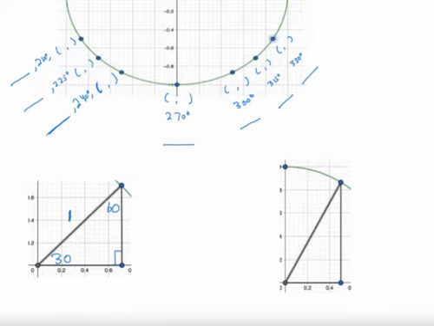Now, earlier, probably in geometry, you should have learned about 30-60-90 right triangles.